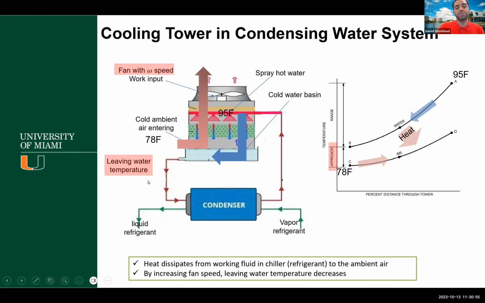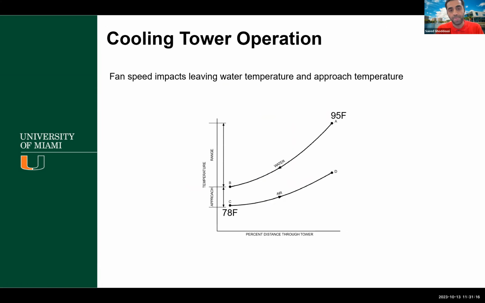Leaving water temperature is another important concept, but we'll discuss that in future slides. And another concept is approach temperature. What's approach temperature? Approach temperature is the temperature difference between the ambient air and the leaving water temperature. We'll work with these three parameters more in future slides.